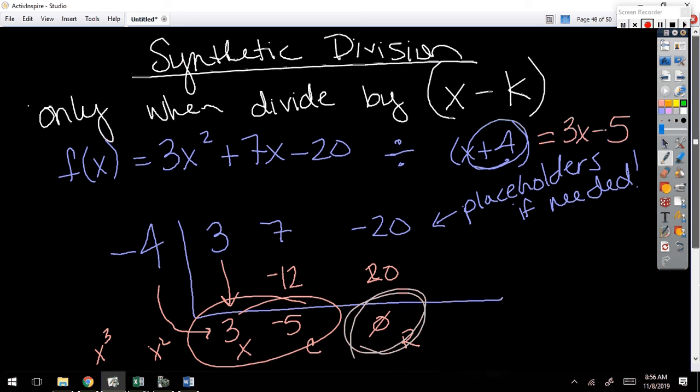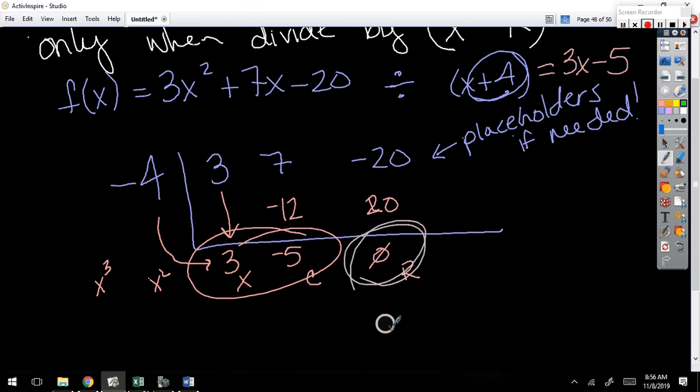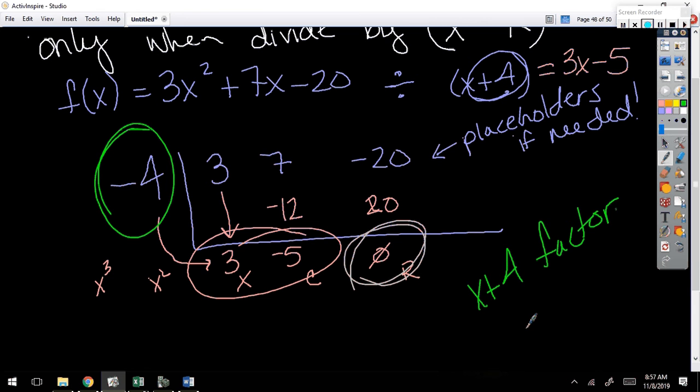Because this had no remainder, that tells me two things. That x plus 4 is a factor, and that also tells me one of the zeros. What's k? No, it's k. You have to change the sign. Negative 4 is a 0.